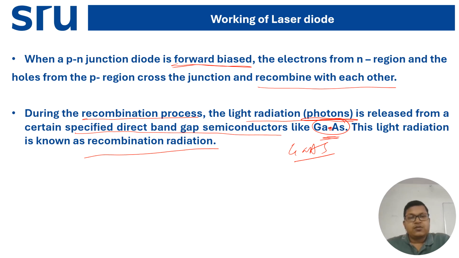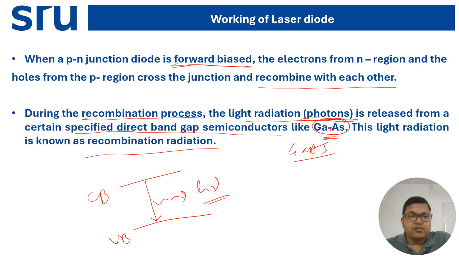Let's try to understand: if this is your valence band and this is your conduction band, and the transition comes like this, it gives us the value of Eg. But this is for the case of direct bandgap, and this process is called recombination. The electron jumps from here to here and recombines with the holes, and we call this process recombination radiation.